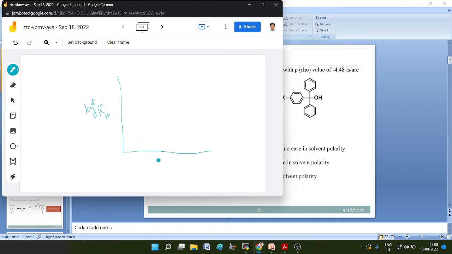And here, let's say this is the position of hydrogen, which we denote as 0, and this is the electron withdrawing group, EWG, and this is the electron releasing group, right? I don't have a mouse, that's why I'm having some problems here. Now the rho value is negative, minus 4.48. So what can we expect? A line passing through like this.